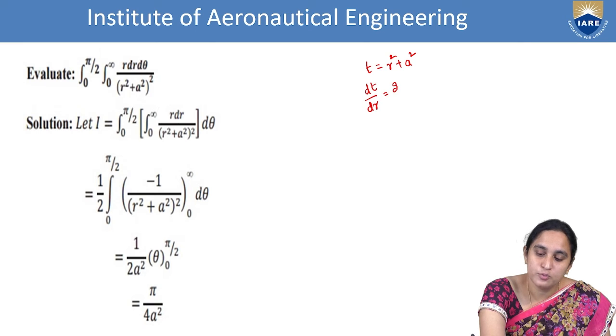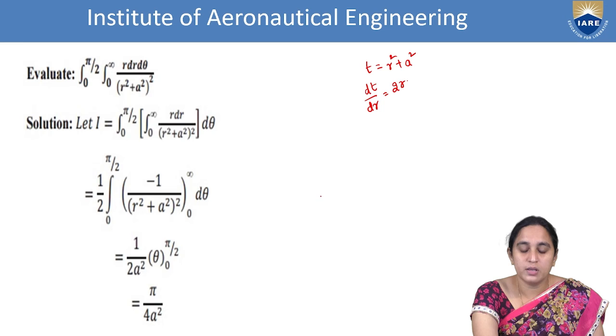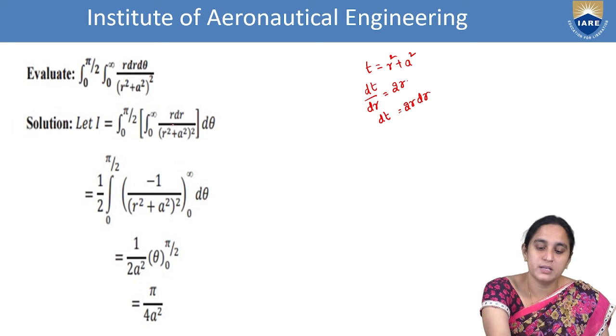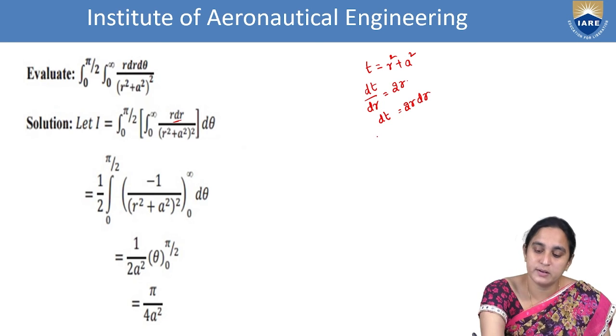That is 2r. From that, what is dt? dt is equal to 2r dr. But here we have r into dr. That's why I'll take dt by 2 is equal to r into dr.